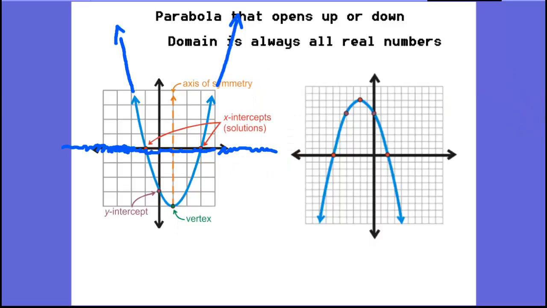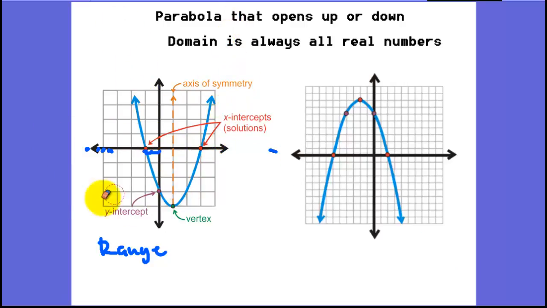Okay, now what about the range of a parabola that opens up or down? For a parabola that opens up and down, we just need to identify either the minimum point or the maximum point. So this is our minimum point.